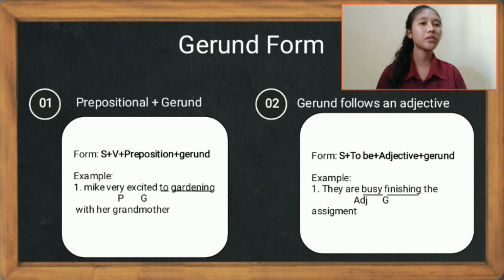The second is gerund follows an adjective. The form of gerund follows an adjective is subject plus to be plus adjective plus gerund. Example, they are busy finishing the assignment. For the sentence, we know that busy is an adjective and finishing is a gerund.